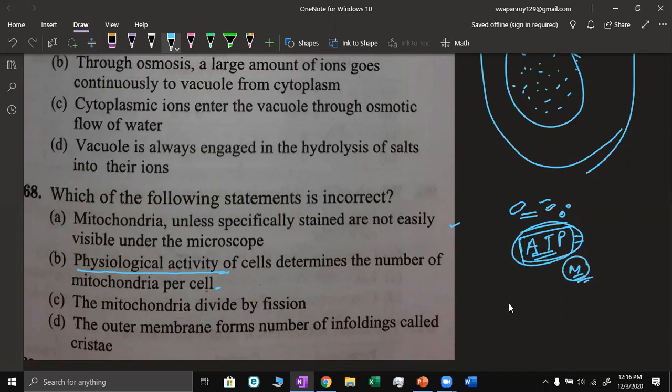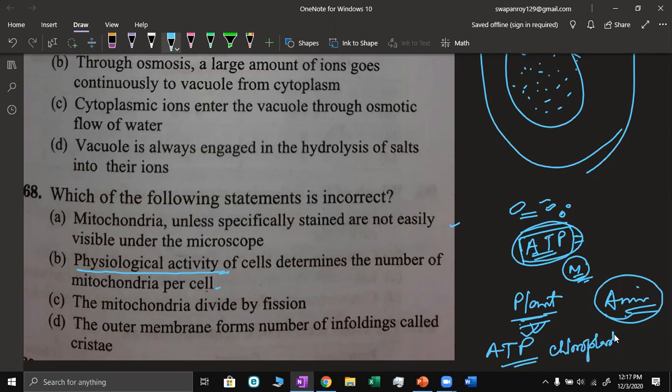Again, if we compare plant cell and animal cell, then compared to plant cell, animal cell usually has more mitochondria. The plant cell has fewer mitochondria because in the plant cell ATP production is also carried out by the chloroplast.